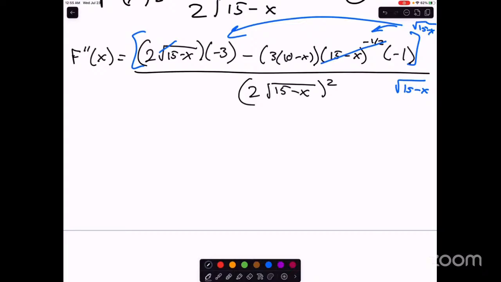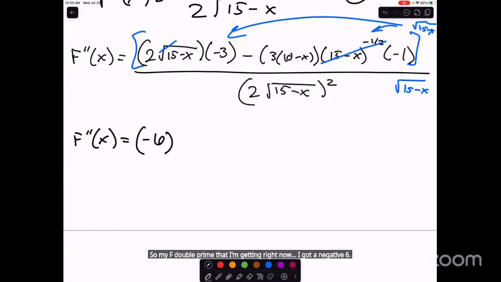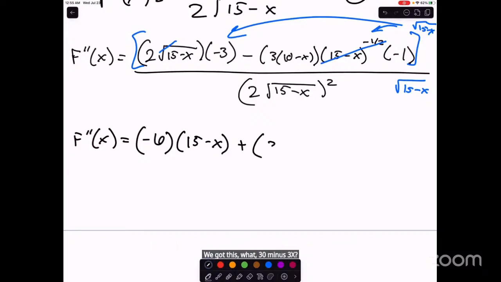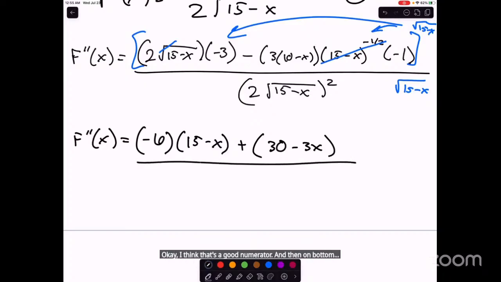Okay. So my f double prime that I'm getting right now, I got a negative 6 times 15 minus x, because the radical's gone. Gotta keep track of this negative here. That's gone. Double negative is now positive. We got this, what, 30 minus 3x? Okay. I think that's a good numerator. And then on bottom, we got this, what? Oh, wait a minute.